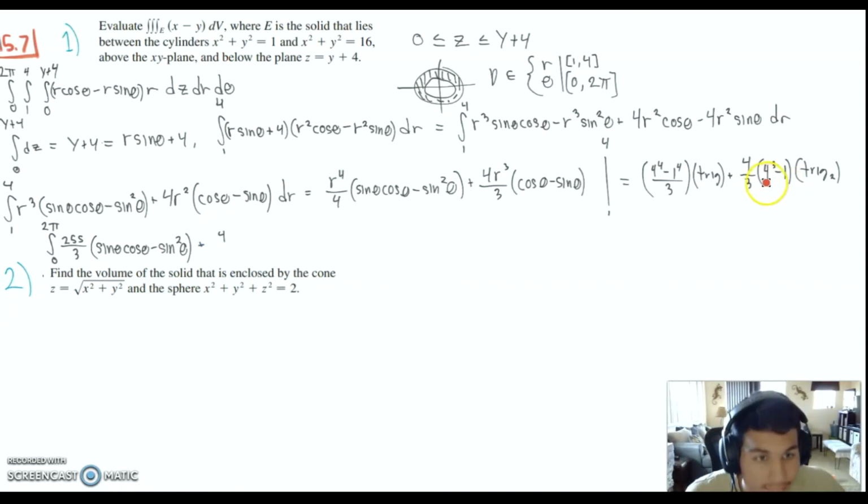Okay, and 4 to the power 3, that's 64. 64 minus 1 is 63. 63 times 4, that's some hard math. That's 60 times 4, which is 240, plus 12, 252. 252 divided by 3, and let's think.